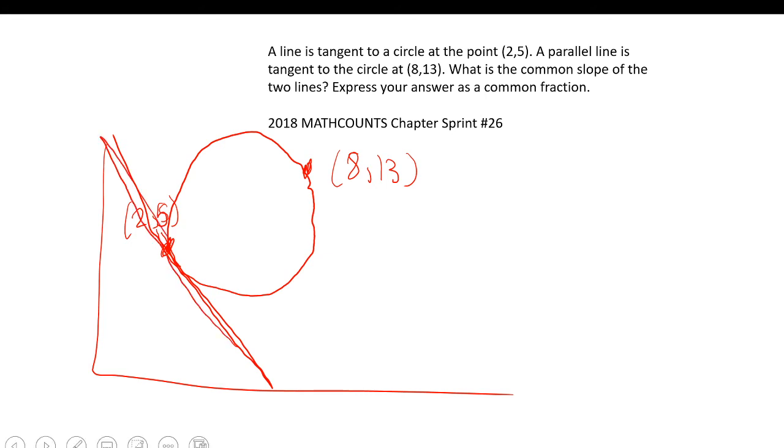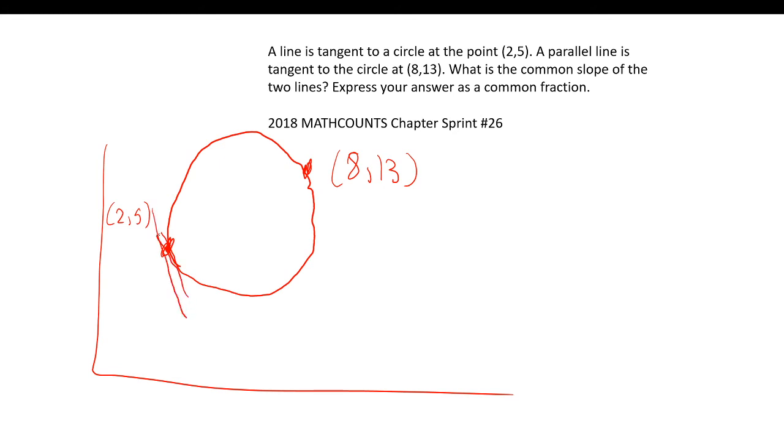And then we have another line, and I'm going to redraw this line because it's badly drawn. So this point is 2, 5, as we know. 2, 5. And then we have a line which goes through it.